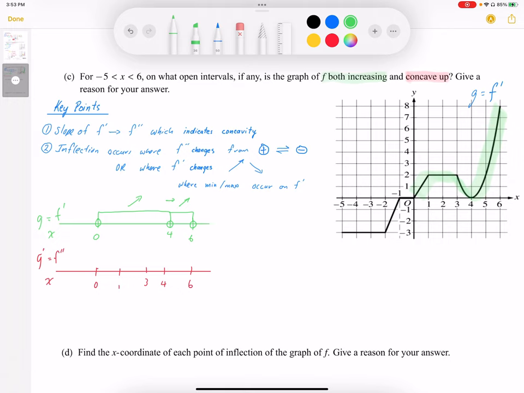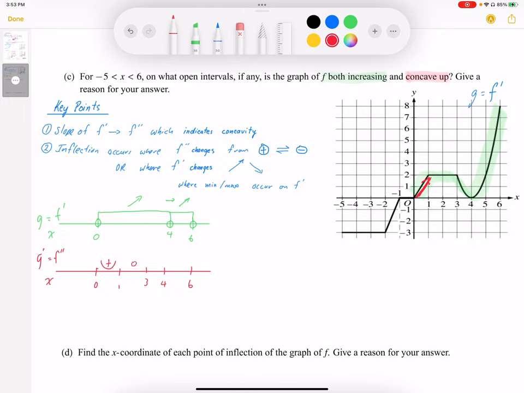The second derivative gives us the concavity. And so the concavity is happening where it's sloping up. Okay, so we're going to slope up in this region. So from 0 to 1, we have positive concavity. From 1 to 3, it's 0 concavity. Okay, we have no slope.